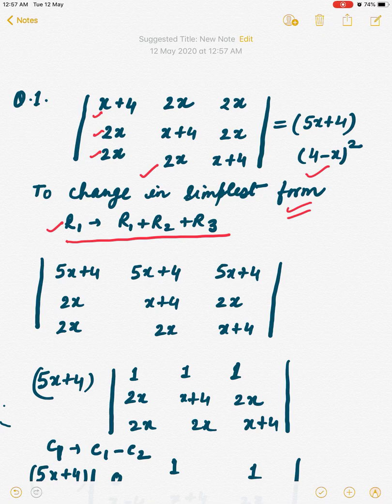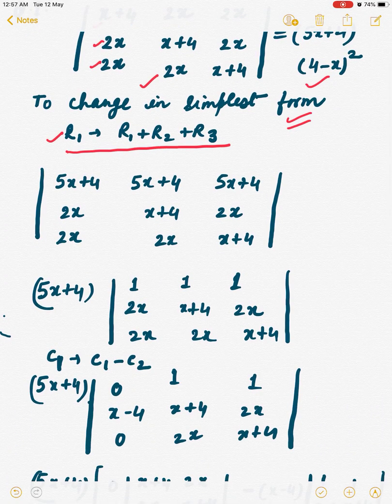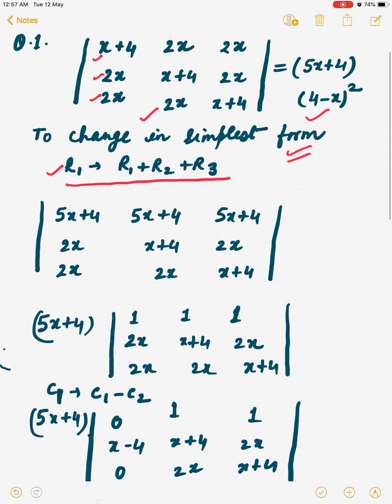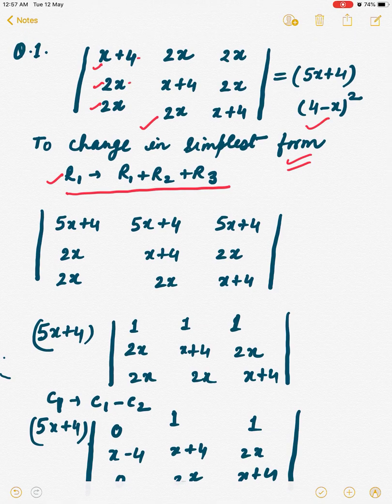Doing this change, what I'm getting: I'm adding all three rows into the first row. So the first entry will be this, the second will be this if I add all three. Similarly, if I add all three, it will be 5x plus 4. In the second row, no change there, as it is.